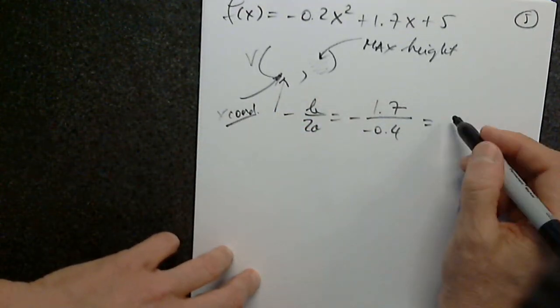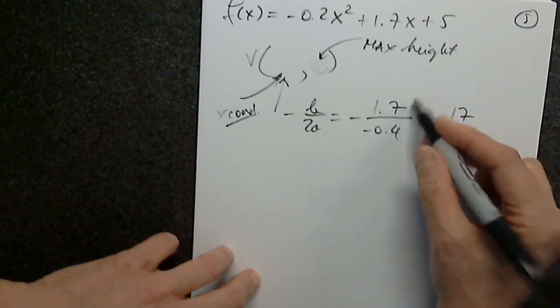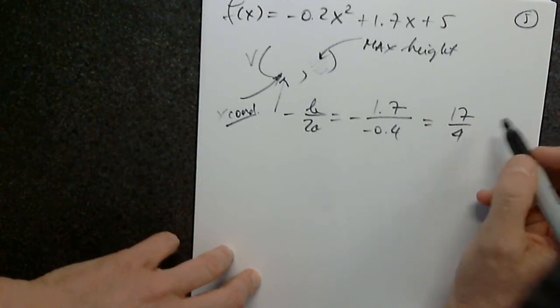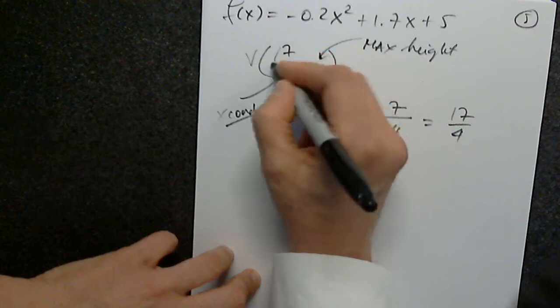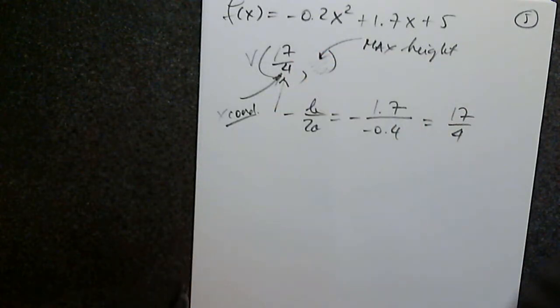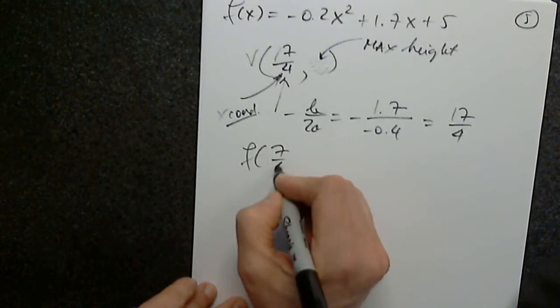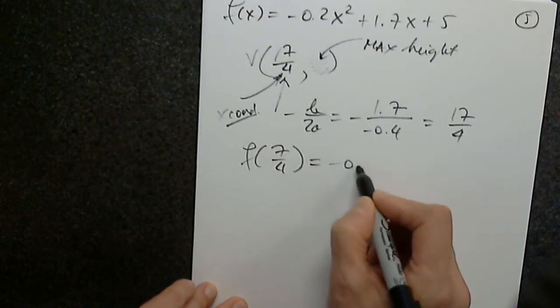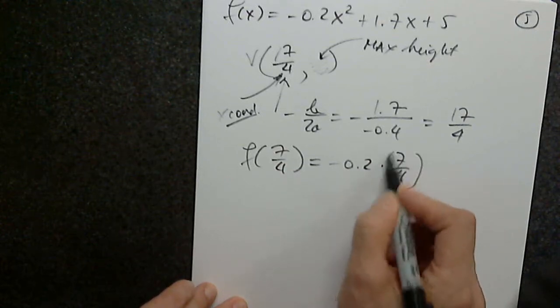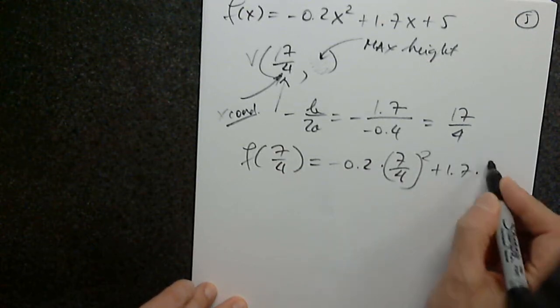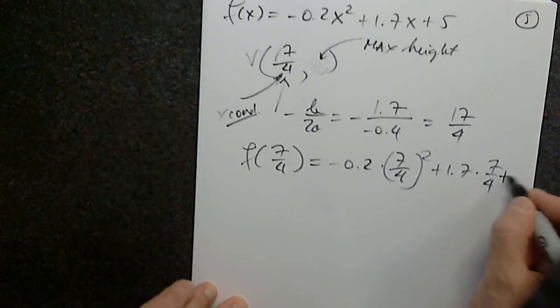So what we get here is 17 when I multiply top and bottom by 10. So it's 17 over 4. I'm going to keep it as is. And then I will find f of 17/4, which is negative 0.2 times 17/4 squared plus 1.7 times 17/4 plus 5.